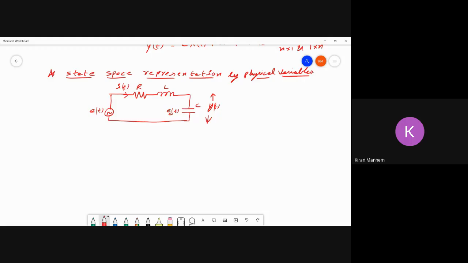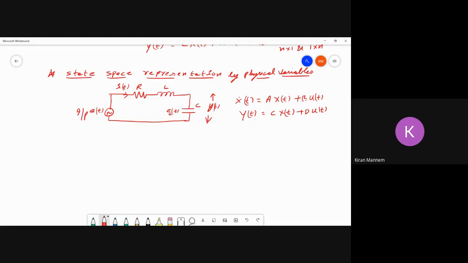So what is the state model? x dot of t equals A x of t plus B into u of t, very important equations, and the output equation y of t is equal to C into x of t plus D into u of t, right? Here the output would be Ec of t. This is your output y of t. And what is the input? Input is e of t.